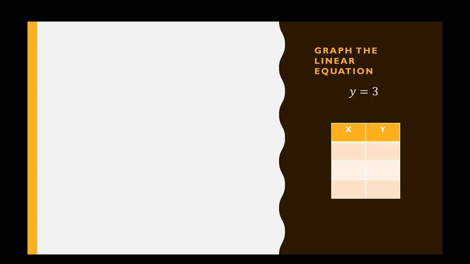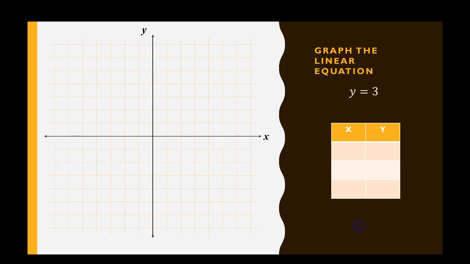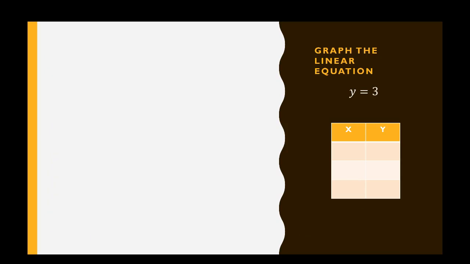All right, now let's look at horizontal and vertical lines here for a second. So if I have a linear equation that looks like this, y equals 3. Well, this is saying that my y value can only equal 3.